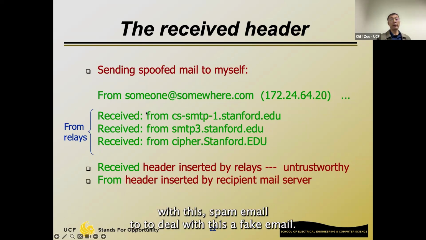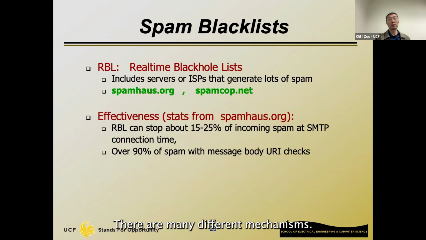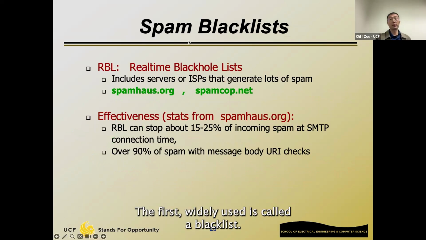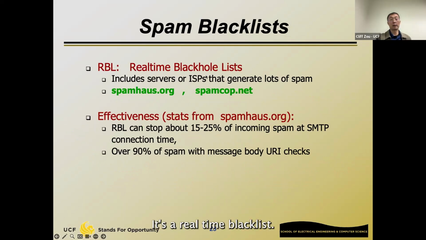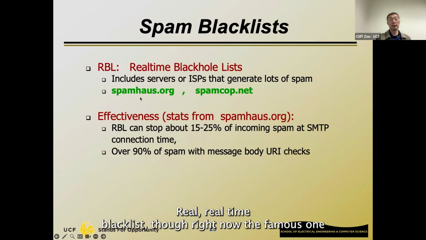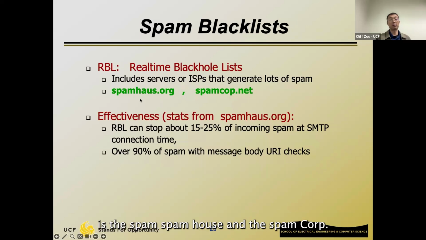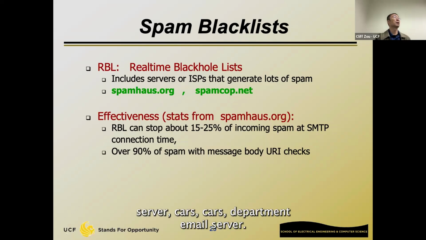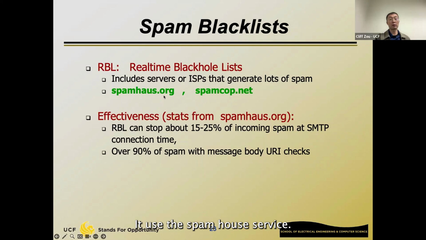So to deal with this spam email, to deal with this fake email, there are many defense mechanisms. The first widely used one is called a blacklist. It's a real-time blacklist, RBL. Right now the famous ones are Spamhaus and SpamCop. They provide a service like our CS department email server uses, the Spamhaus service.